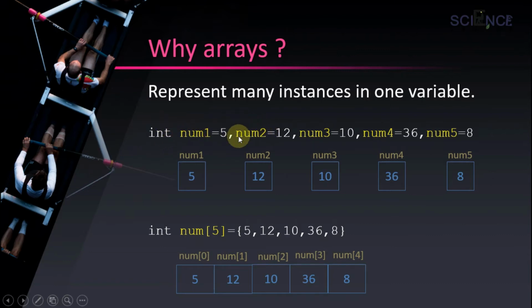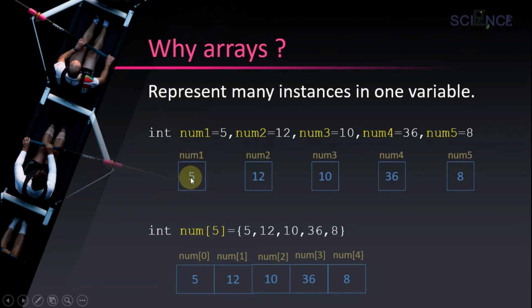Again I have created a num2 variable of integer data type and assigned the value 12. Likewise I have created 5 variables here of the same data type, which is integer, right?